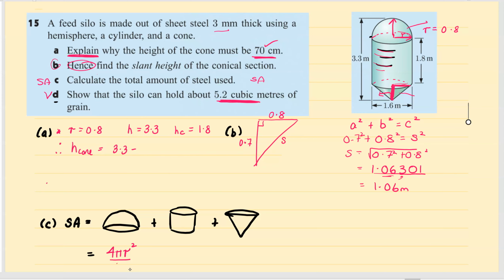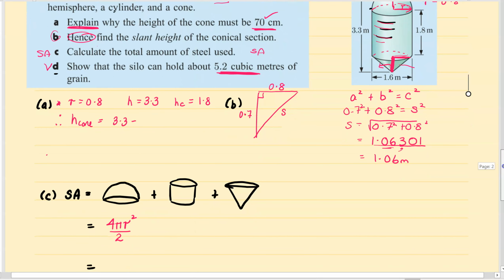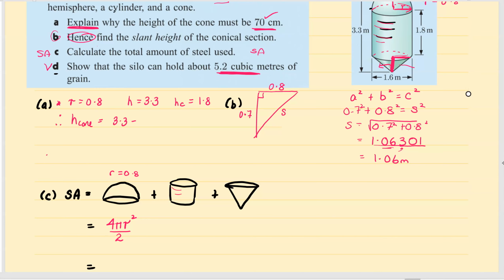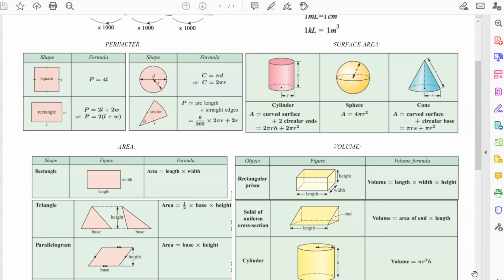So I'm going to divide that by 2. You smarty pants out there that say, okay, 4 divided by 2 is 2, and you can just write 2 pi r squared, feel free. Okay. And do we know the radius? Yes, it's 0.8. What about our cylinder? Okay, this part here. If I look up the formula for surface area there, let's go and have a look.